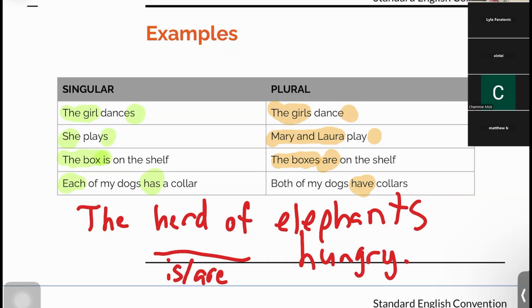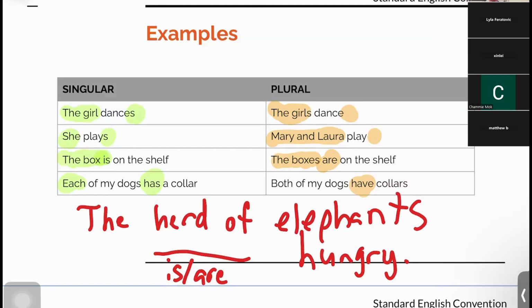Okay, so when you have the herd of elephants, this is a slightly different kind of construction of a subject. I introduced this idea of simple subjects and complex subjects last time. And this is where that idea becomes more important and more useful.